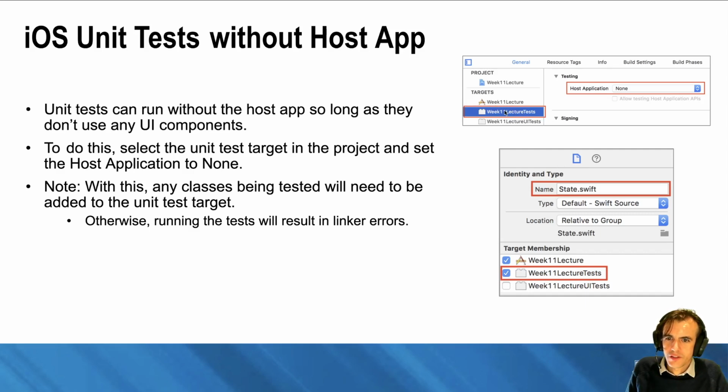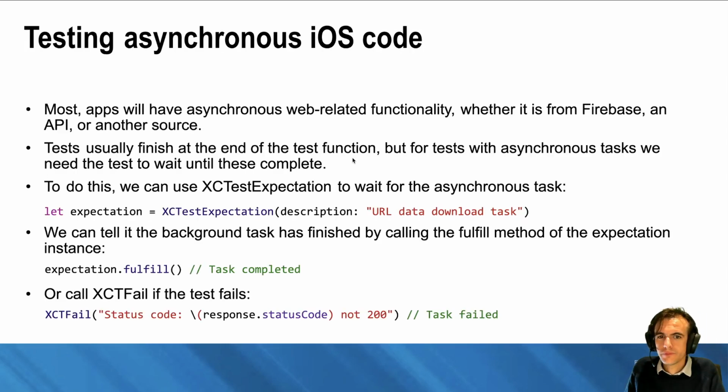So if you're testing the functionality of a particular class, you need to open that Swift file, and in the identity inspector under target membership, you'll have to check the box to add it to the test target. We'll see an example of that in the workshop.